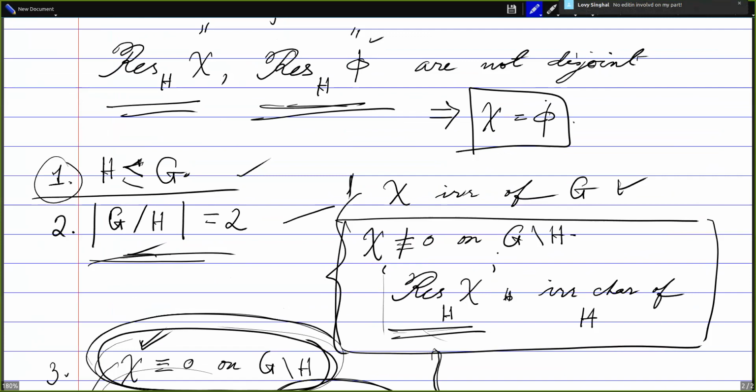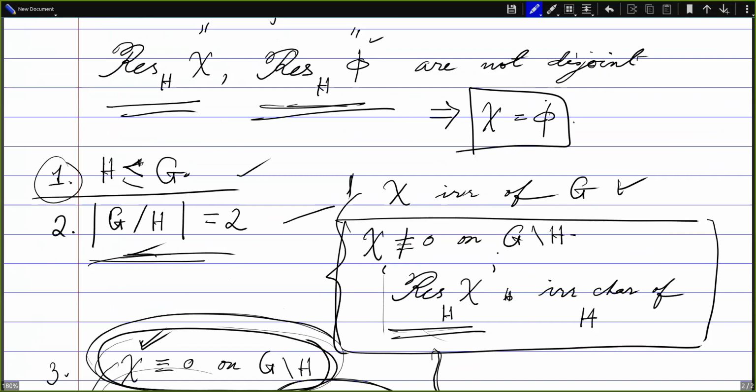So in order to apply this theory to get the character table for An, we must have the character table for Sn. We must have that in our hand.